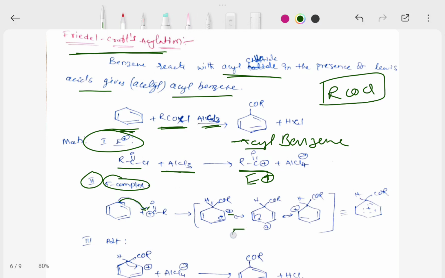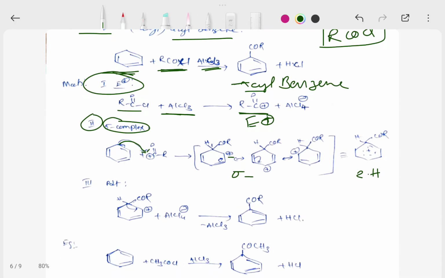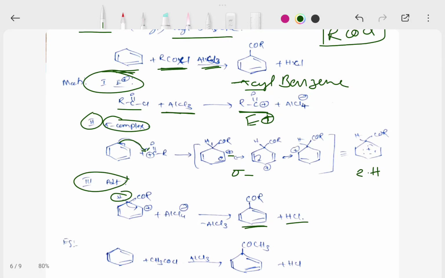This carbonium ion forms a sigma complex and resonance hybrid. Final product formation: loss of proton forms the final product and HCl. Here also R means alkyl groups.